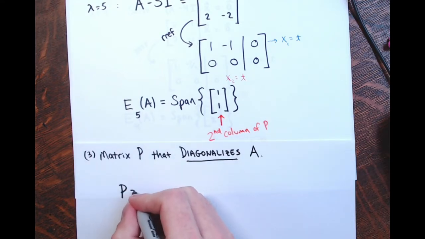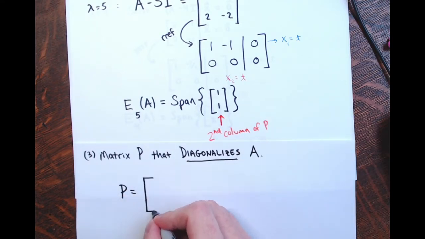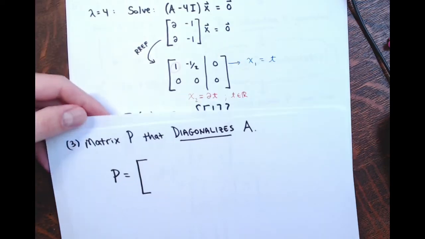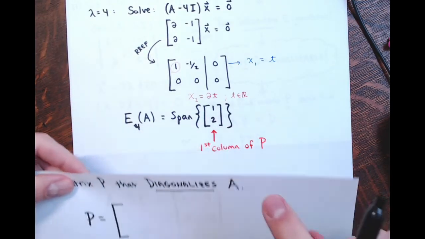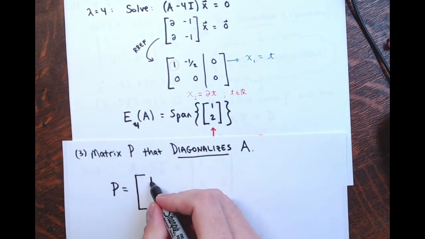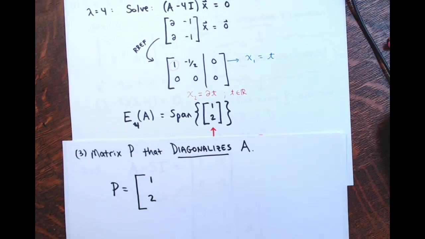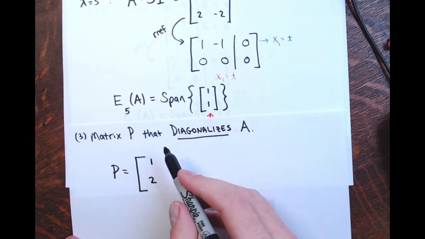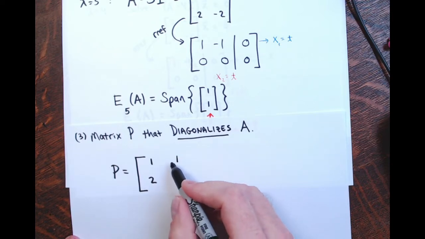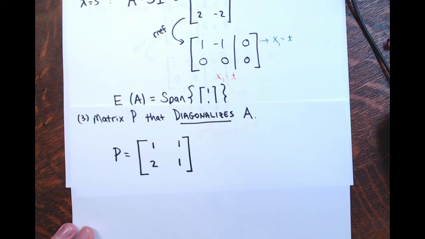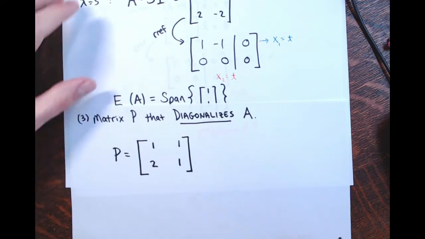The matrix P that we're looking for is going to be a 2 by 2, same size as A, where in one column is one of these eigenvectors. I'll take the one from the eigenspace corresponding to 4, so (1, 2). And in the other column, another independent eigenvector. (1, 1) would be independent of (1, 2). There. This is the matrix that diagonalizes matrix A.